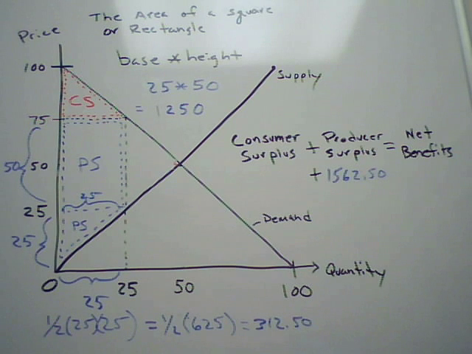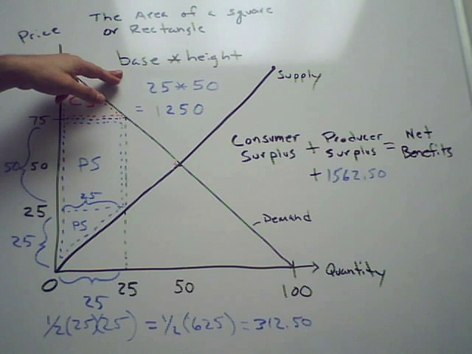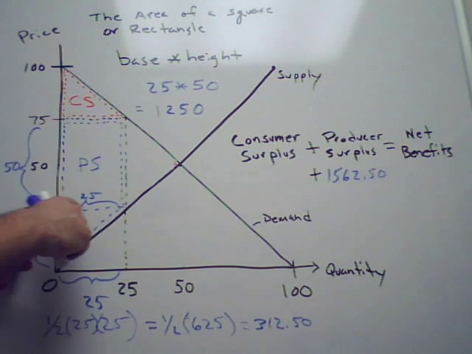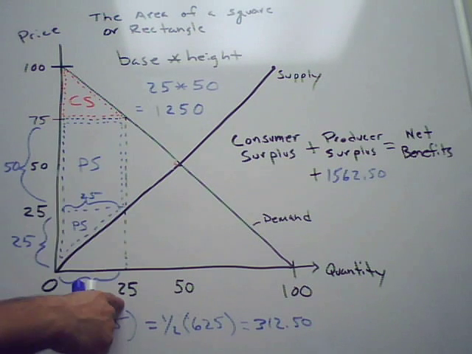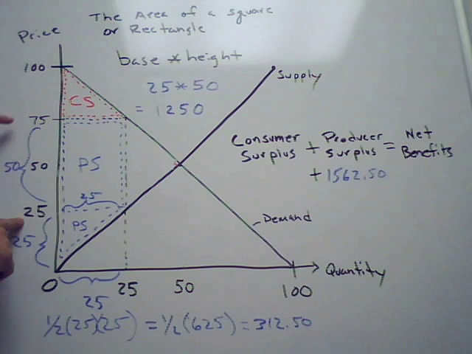So adding up the areas, I have the area of the triangle that we estimated at $312.50. Then I have to estimate the area of the rectangle using base times height. The base is from here to here, which is 25. The height is from 25 to 75, so the difference is 50.